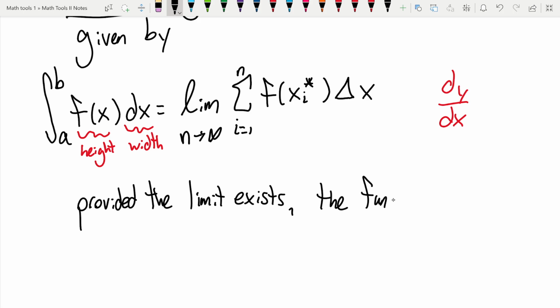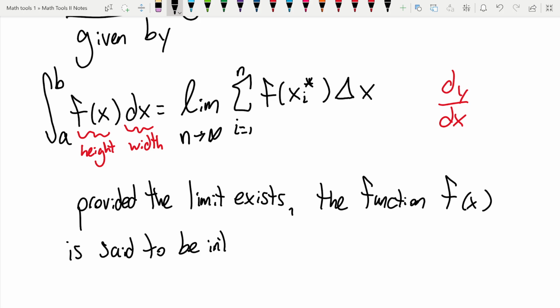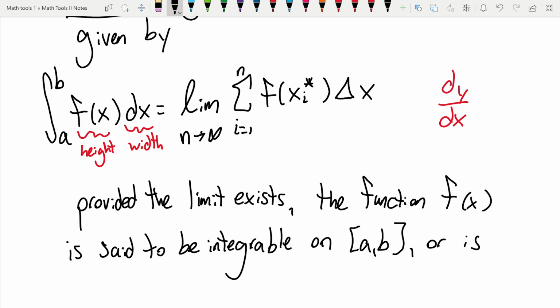The function f of x is said to be integrable on [a, b], or is an integrable function.